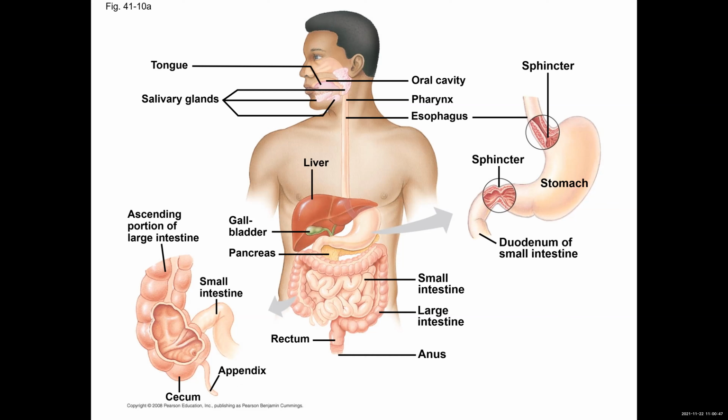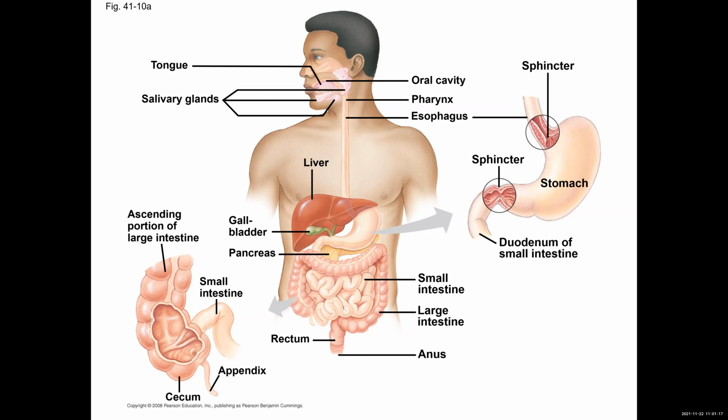So as we are moving that liquidy stuff from the stomach into the small intestine, the pancreas is going to squirt in a mixture that includes bicarbonate ion, HCO3-, which acts as a buffer. It's going to absorb the hydrogen ions that are in that acidic mixture and return the pH to close to neutral.